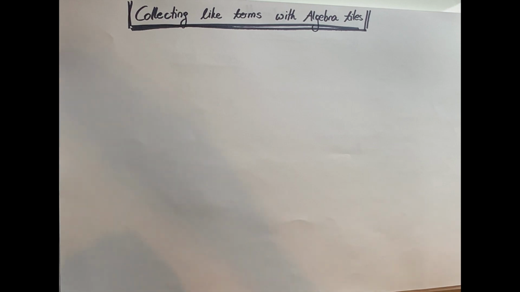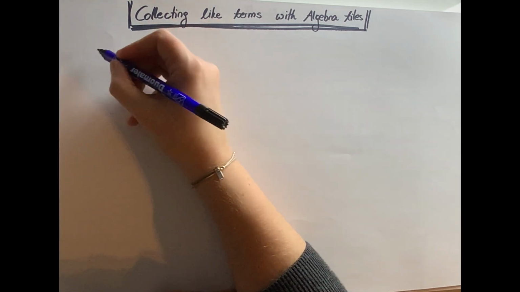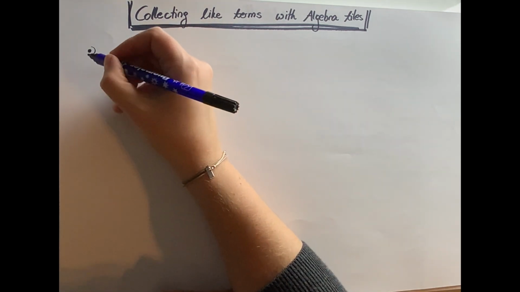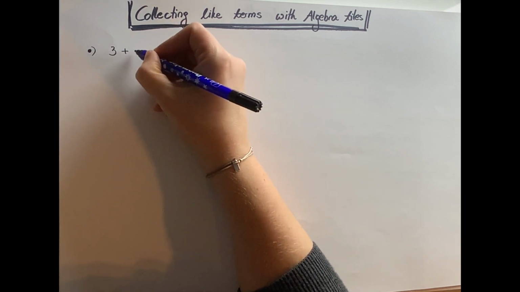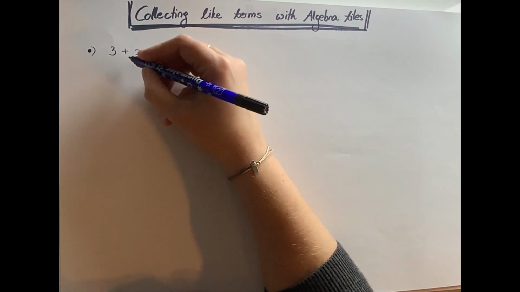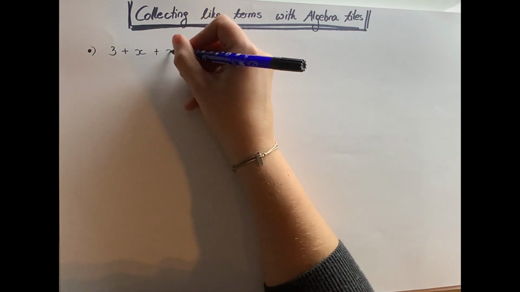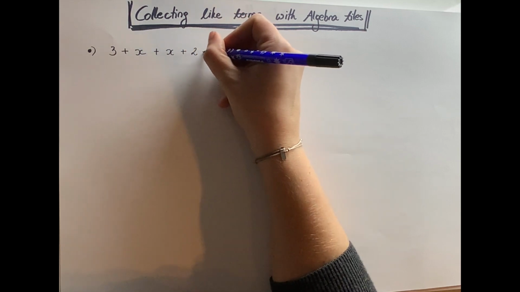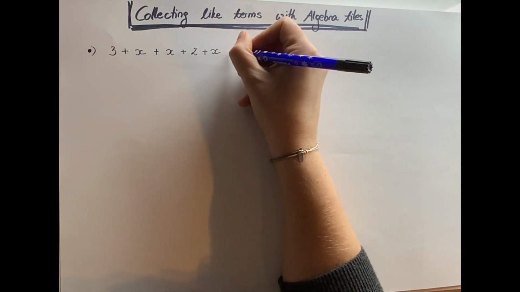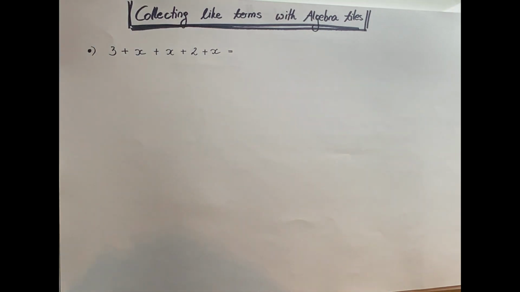So our term would be, for example, and I took these from your book, 3 plus x plus x plus 2 plus x, okay? And we would like to simplify that.